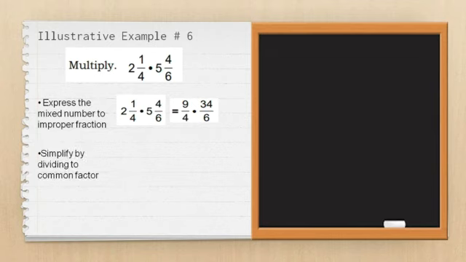So, simplify it by dividing to common factors. So, I have here 9 over 4 times 34 over 6. Tingnan nga natin. Ito kasi pwede pa nating i-simplify bago natin i-multiply kasi masyado na siyang malaki.